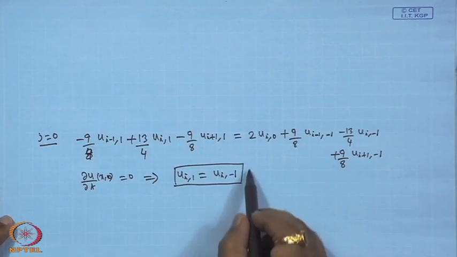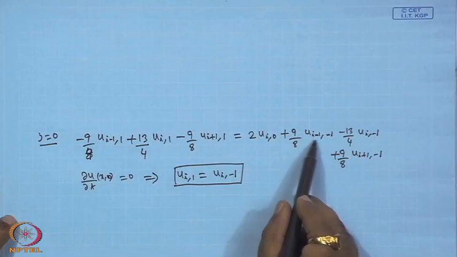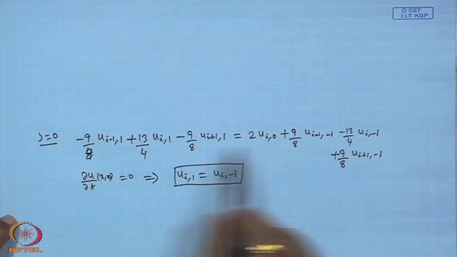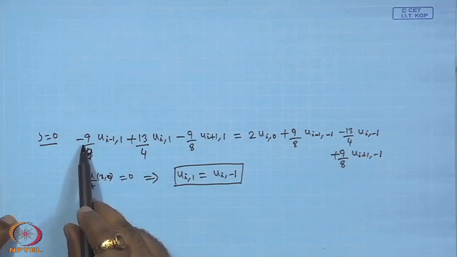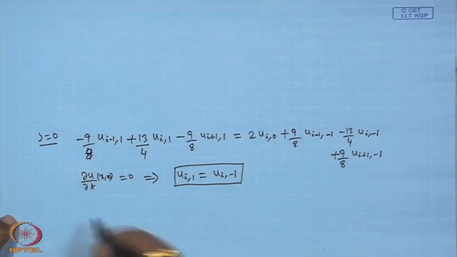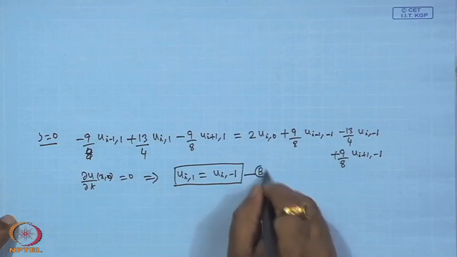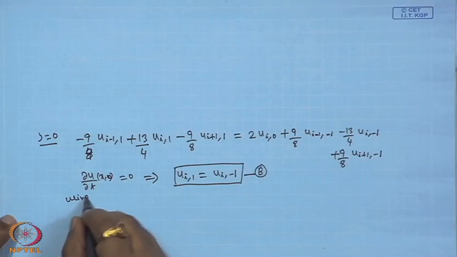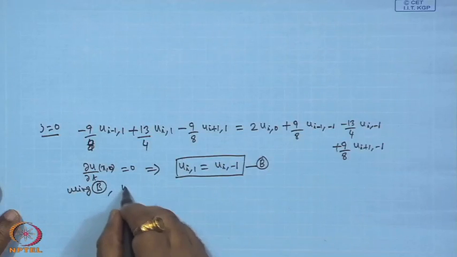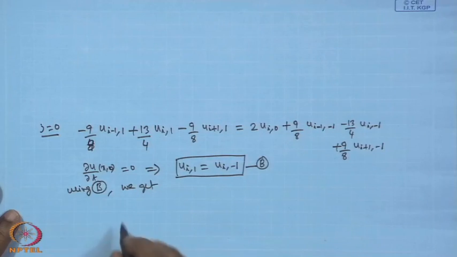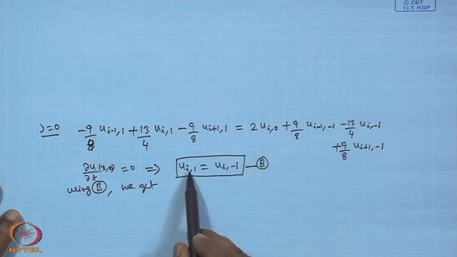So, if we use this on the right hand side, we get u I minus 1 1, and we have already u I minus 1 1 with a minus 9 by 8, and then this goes. So, using B, we get these quantities will be doubled. Similarly, u I minus 1 is u I 1.